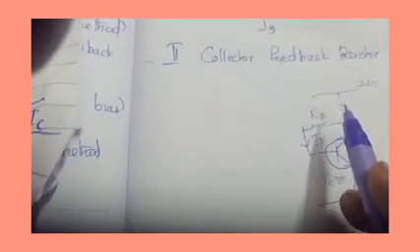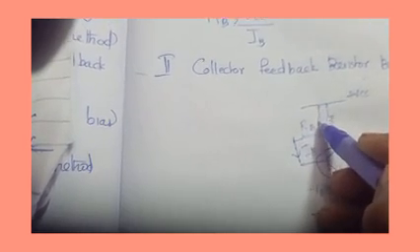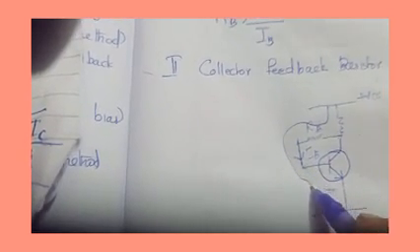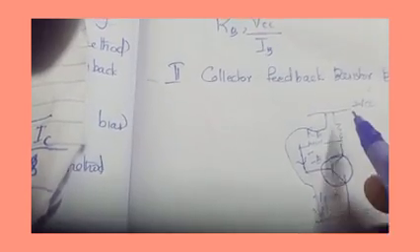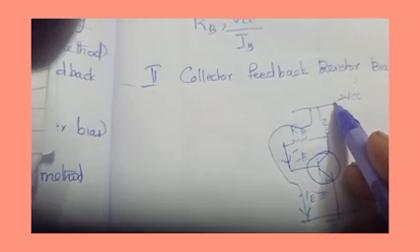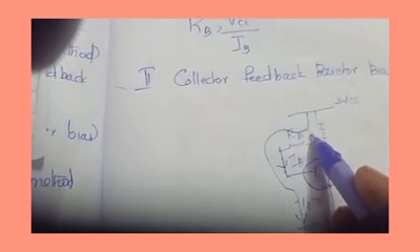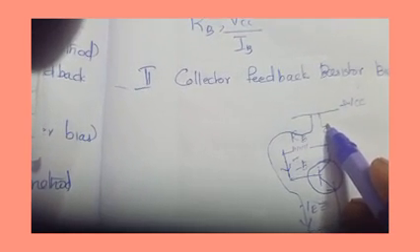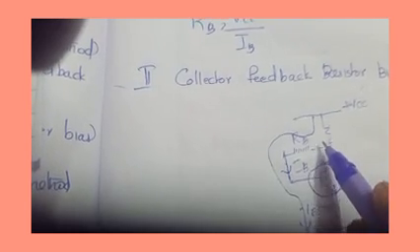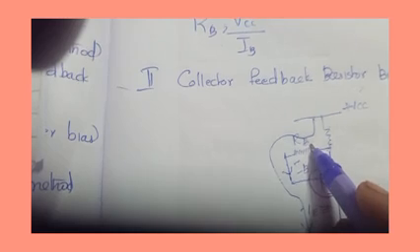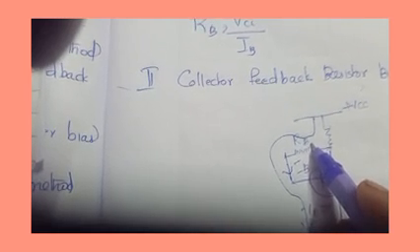Let's go for the circuit analysis. Here, considering this mesh, this is the supply voltage VCC. VCC is dropped across the collector resistor as IC into RC, then IB into RB as the voltage across the base resistor, and the base emitter voltage.